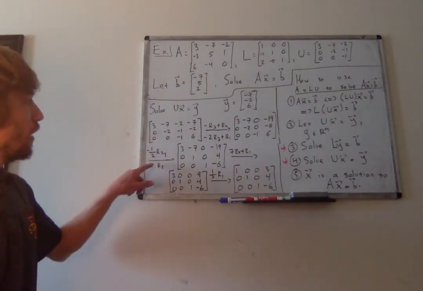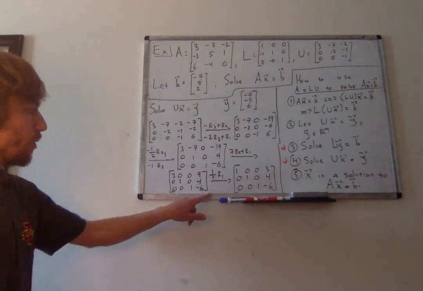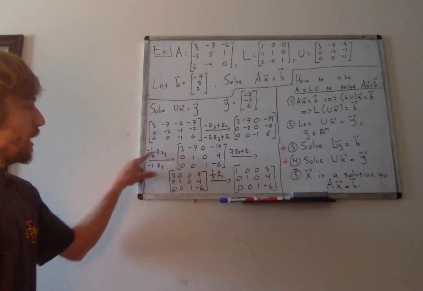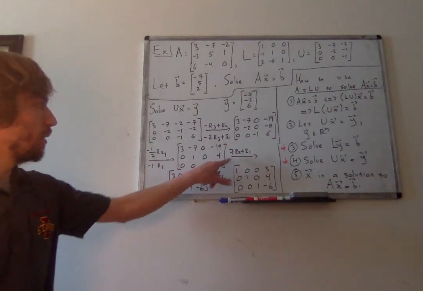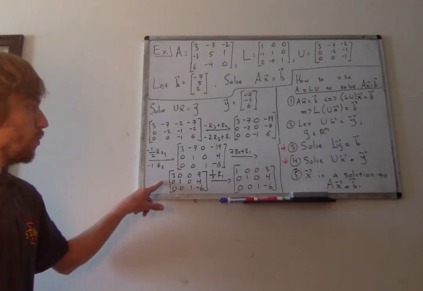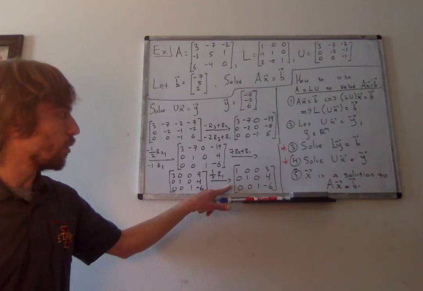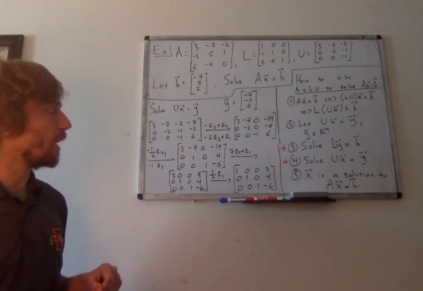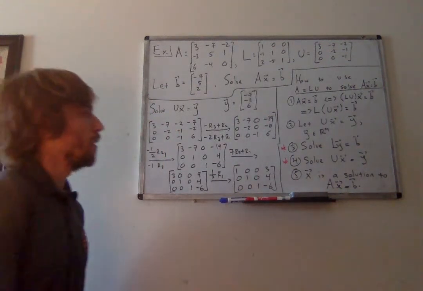So in the last few steps here, I did make a small mistake that I corrected and didn't say anything about. I divided row 2 through by -2. Then I divided row 3 through by -1. Then I added 7 row 2 plus row 1. And then I finished off the row reduction by dividing row 1 by 3. And so notice this gives me a solution vector x, which turns out to be a solution to Ax equals b.